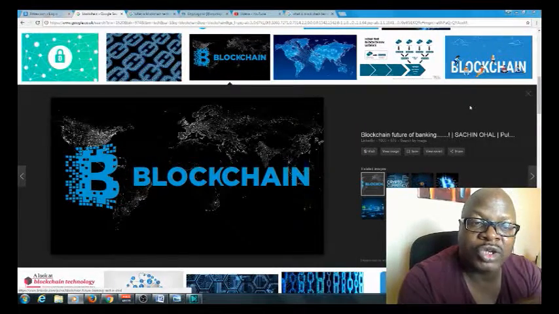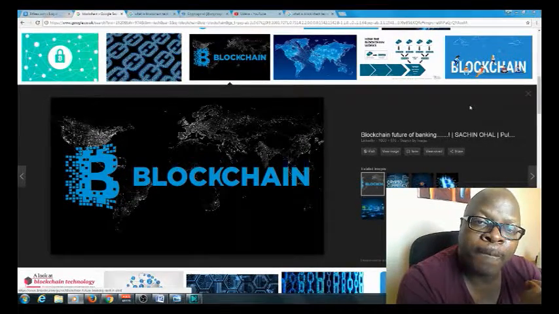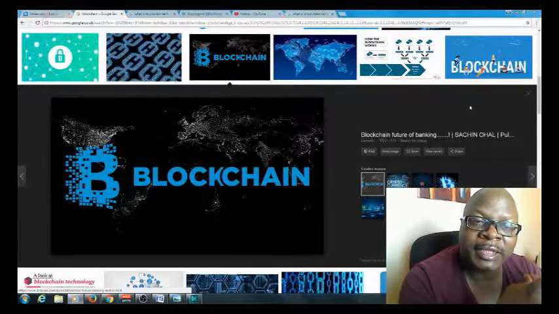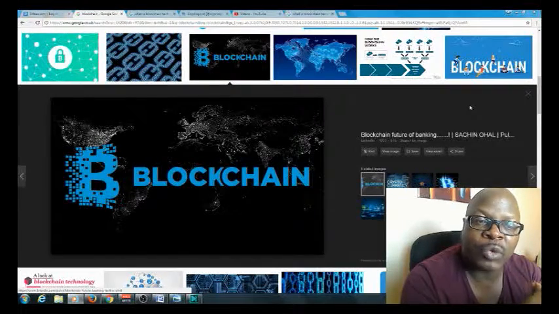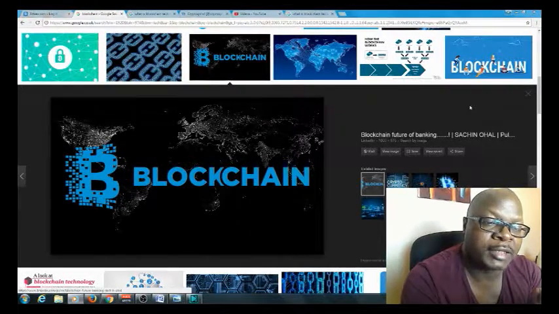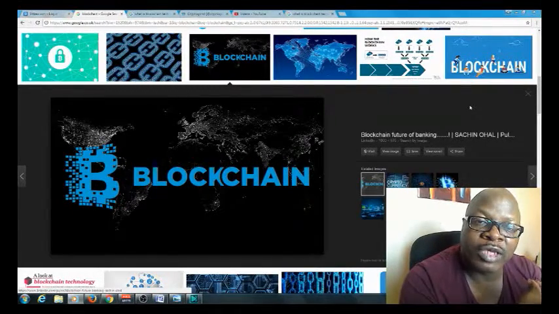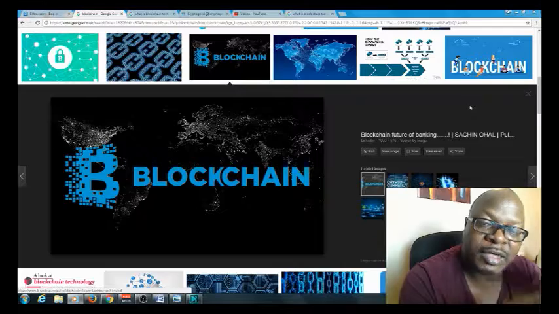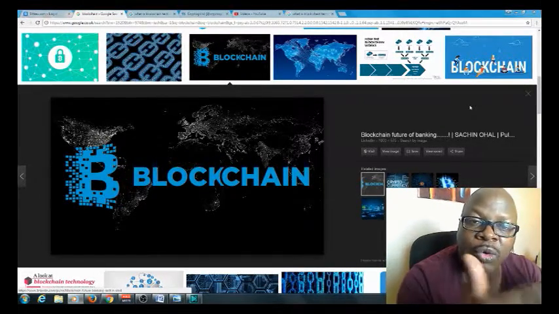All of that information is stored individually on all of the computers on the network. So that is why it is incorruptible. To corrupt it, you would effectively have to access all of the computers that this information is stored on, because when this information is about to be reused, it is revalidated by all of those computers, and if it's not validated by all of them, then it would not go through.